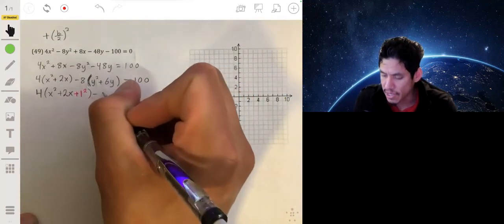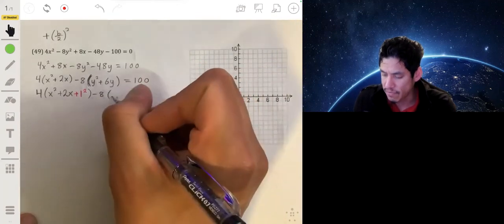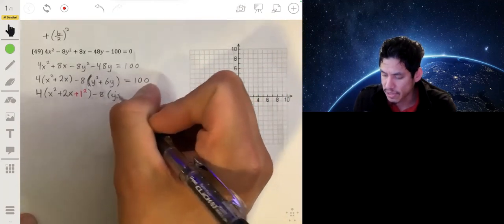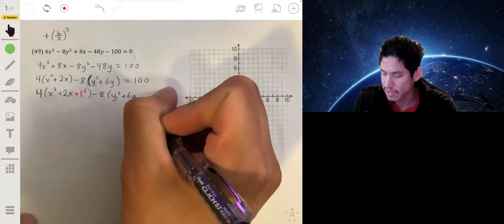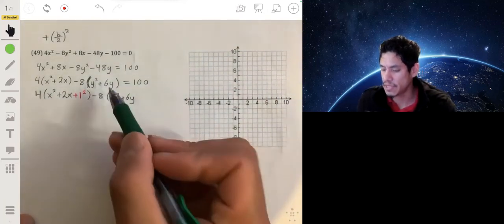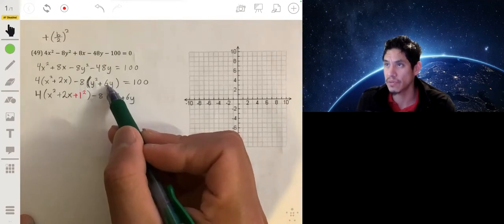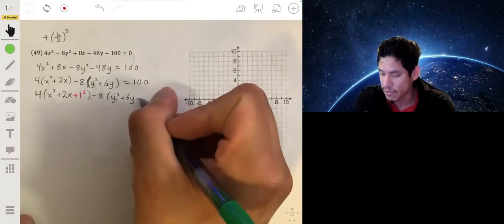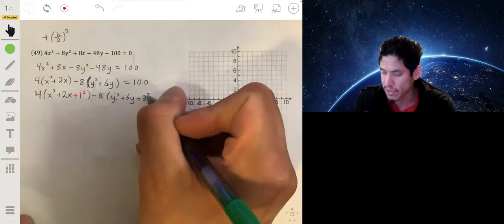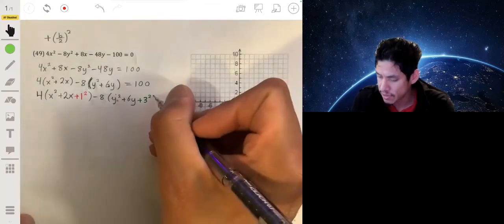Now for the y, we're going to have negative 8 times y squared plus 6y. And our b is going to be equal to 6. So b over 2 will be 6 over 2, which will be 3. So we're going to add 3 squared to that group.